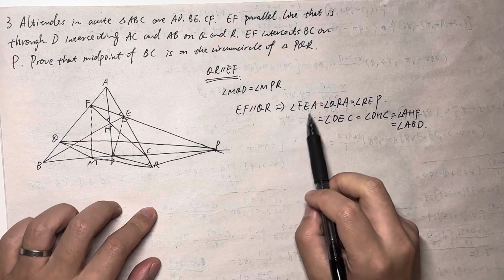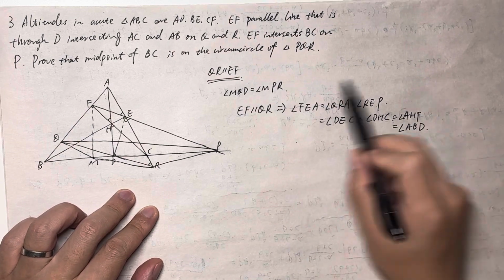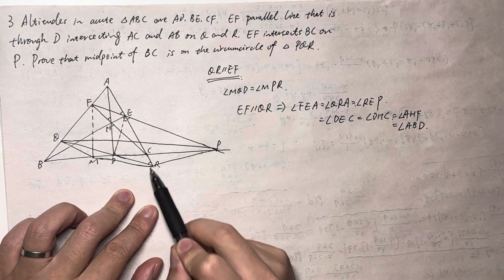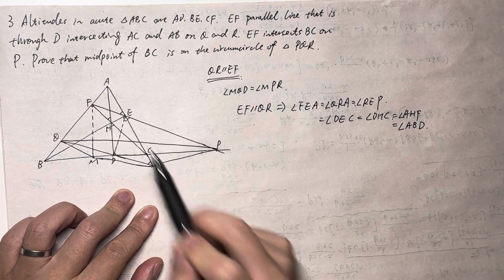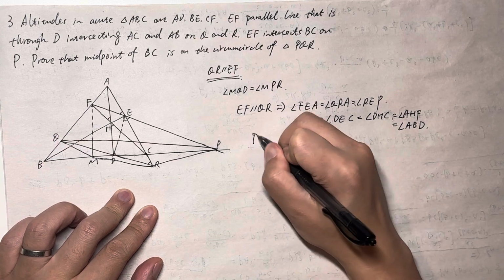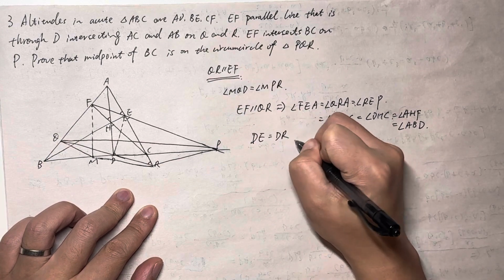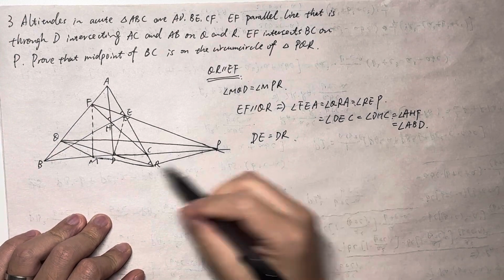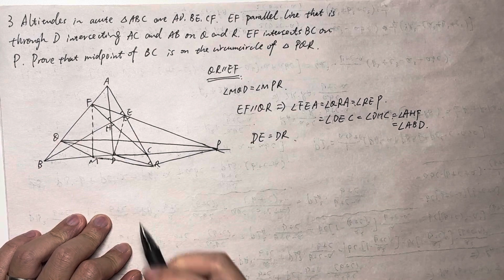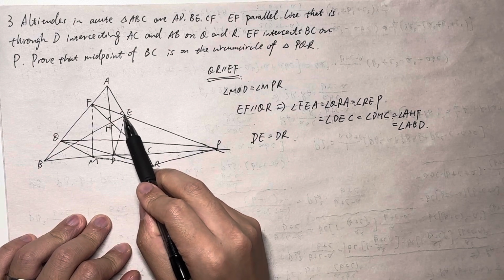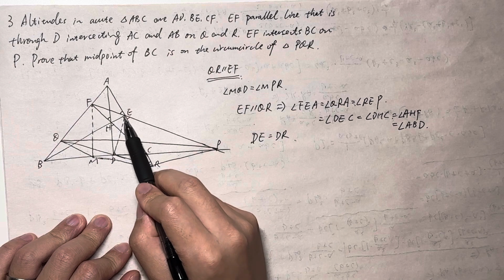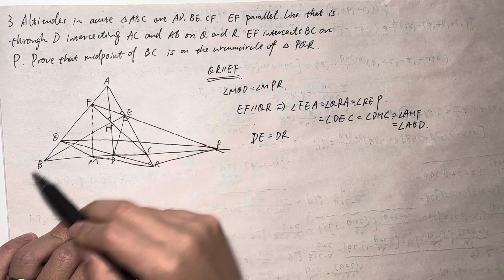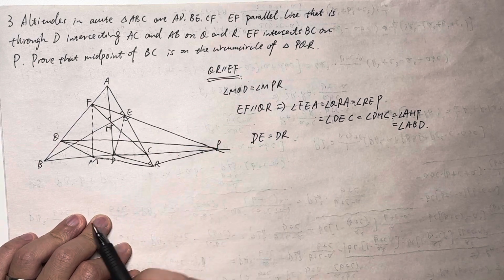Now we take a look at these equations. We find that angle DER equals angle DRE, which means DE equals DR. We know that point E is the foot of altitude BE on the edge AC.